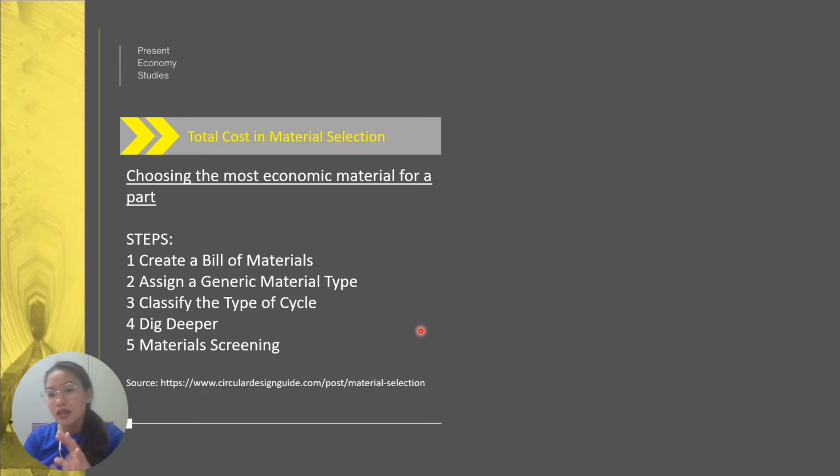So designating a material as suitable for the biological or technical cycle depends upon what happens to a product after the use phase. So after that, where does the material go next.